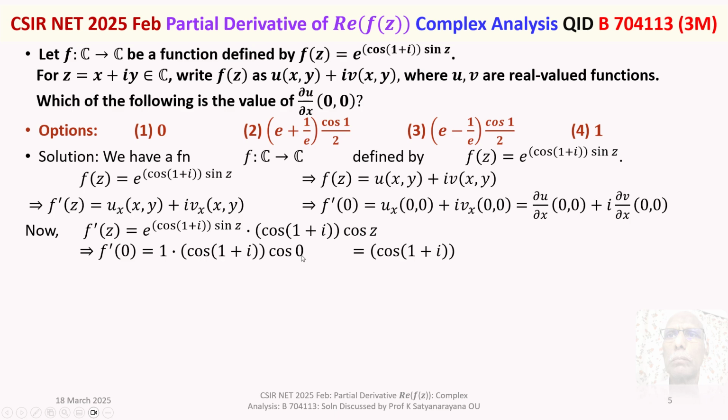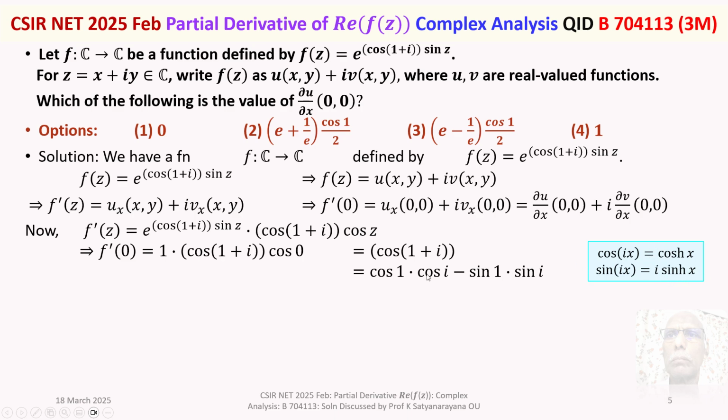Cos 0 is 1, so it will be cos of 1 plus i. Expand this: cos 1 cos i minus sin 1 sin i. We recall cos of ix is equal to cosh x, and sin of ix is equal to i times sinh x.